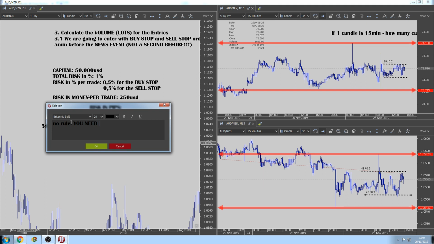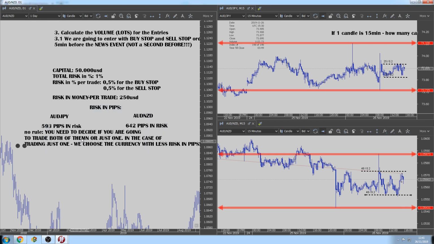You need to decide if you are going to trade both of them or just one. In the case of trading just one, we choose the currency with less risk in pips.